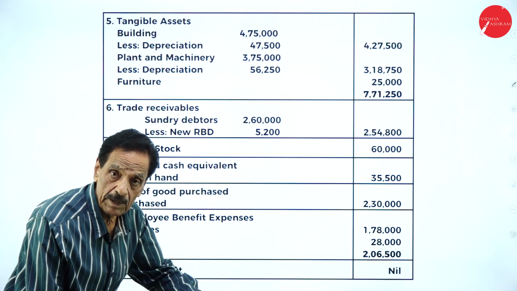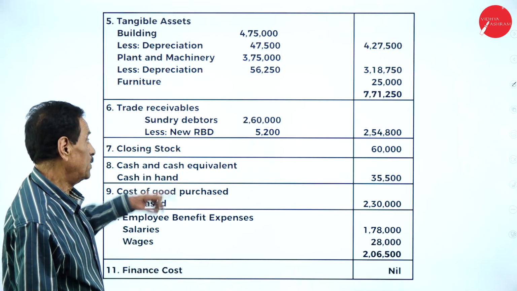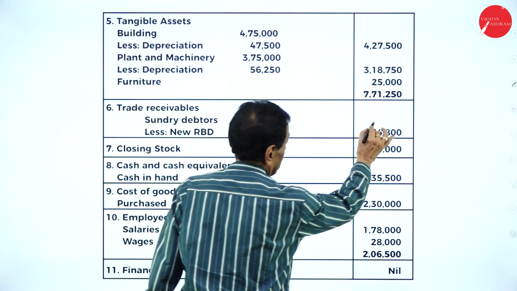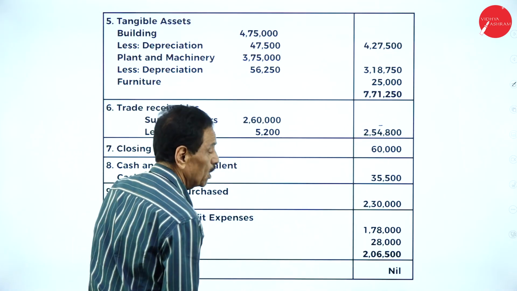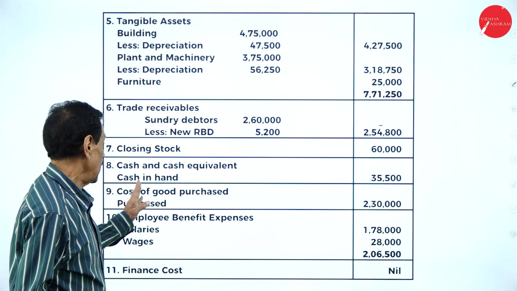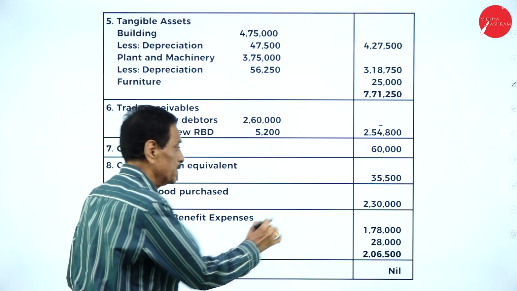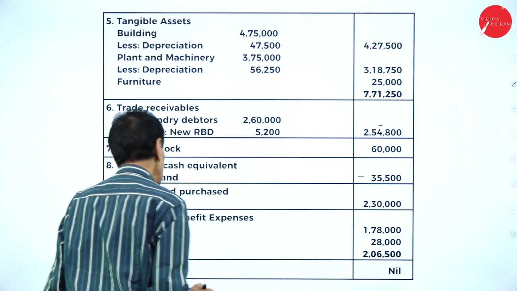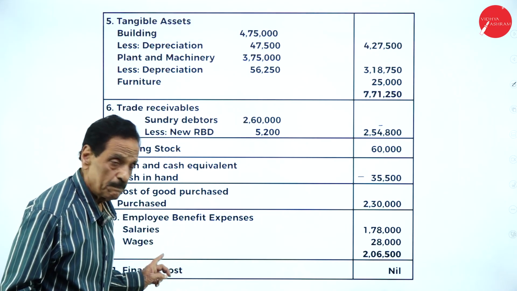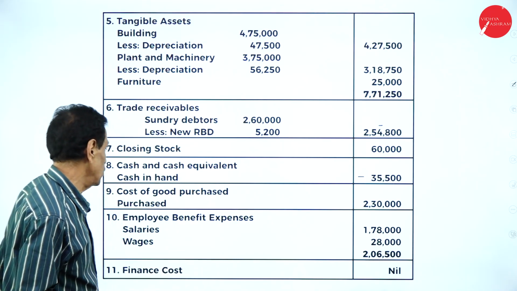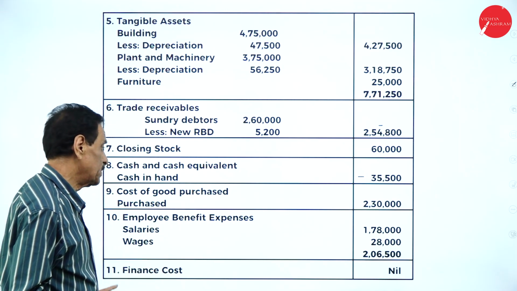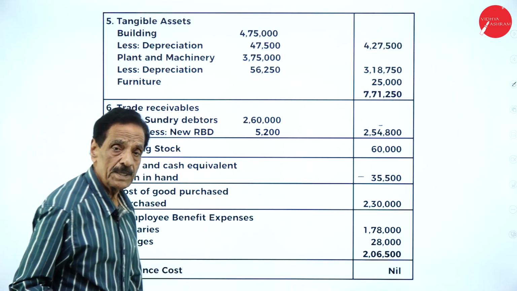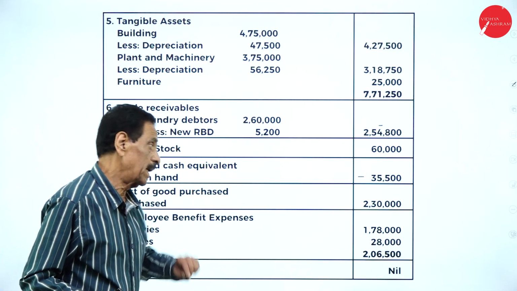First, you have to make the working note. Then trade receivable: debtor minus RBD. Closing stock is inventory. Cash and cash equivalent: cash in hand is 35,500. Cost of goods purchase is 2,30,000. Employee benefit expenses: salary 1,78,000, wages 28,000.